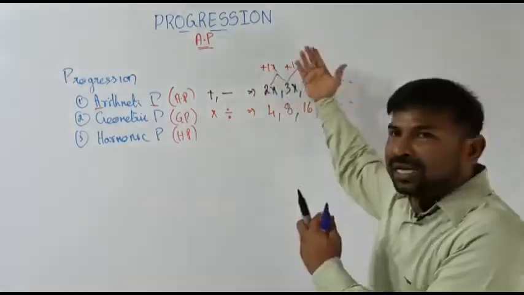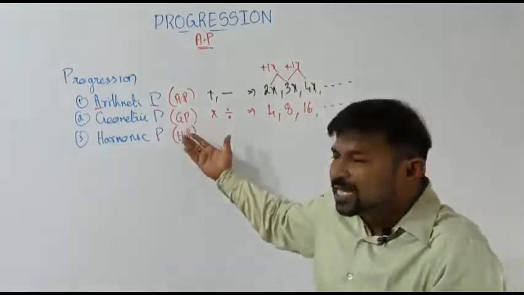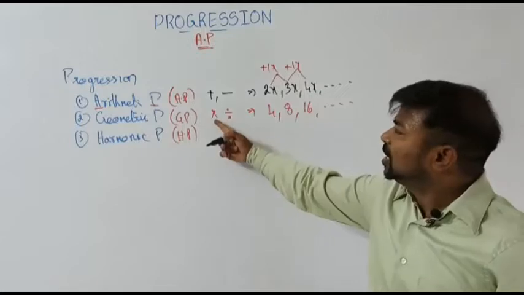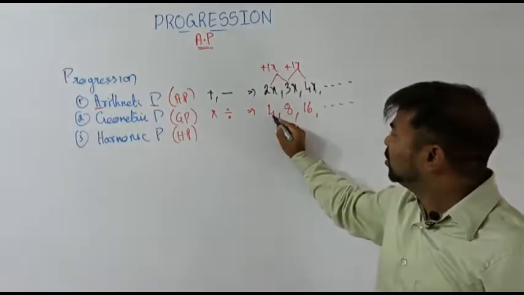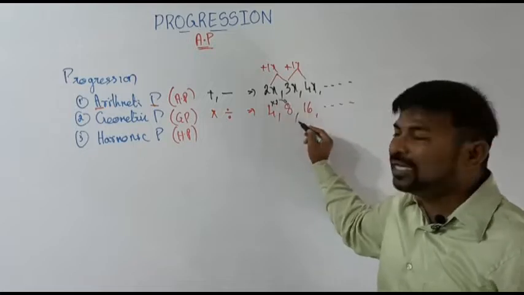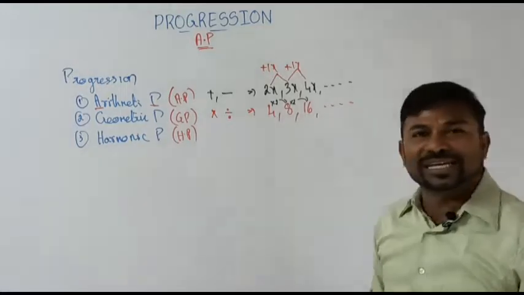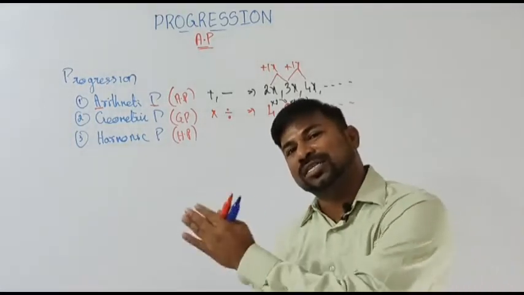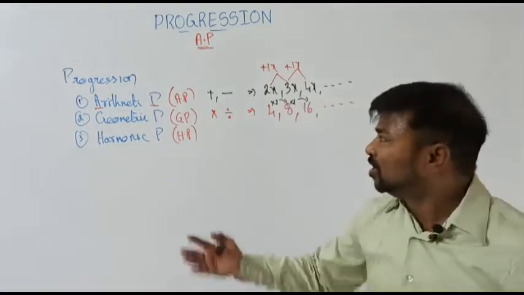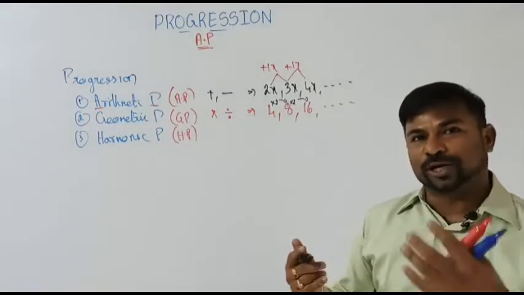Is it addition or subtraction, or is it going on with some other relation? If you check, it's nothing but the product. Here 4 into 2 is 8. In the same way, 8 into 2 is 16. If the progress is going on in terms of product or division in the same way, we call it a geometric relation or geometric progression.